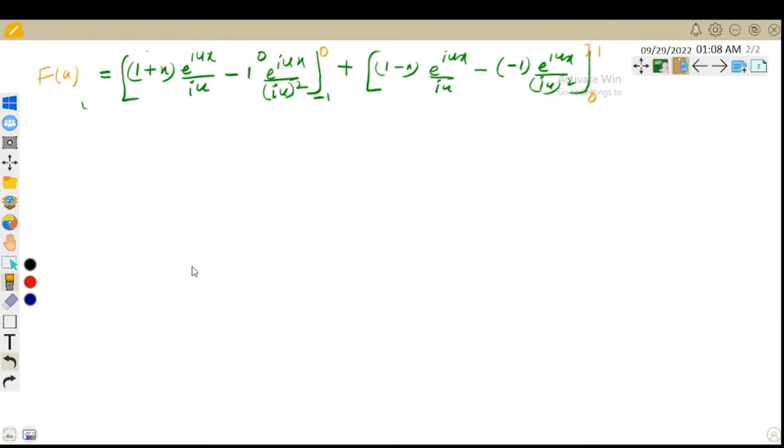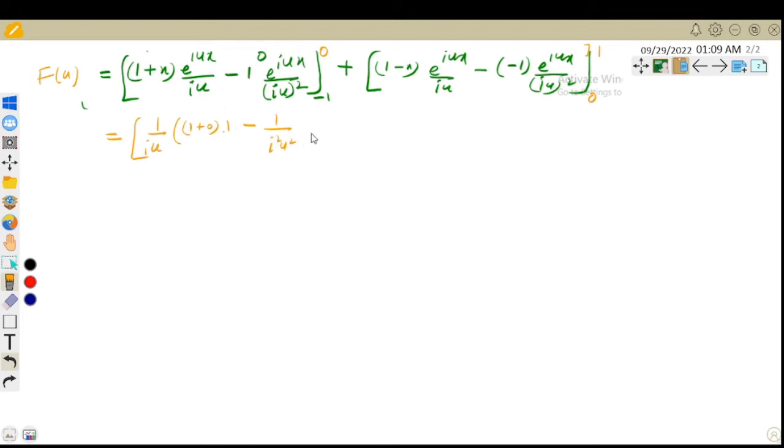Fine. Now substitute the upper limit minus the lower limit here and observe what will happen. The first term will take 1 by iu outside. Upper limit is 0: this is 1 plus 0 into e raised to 0 is 1, minus e raised to 0 is 1, divided by i square u square.